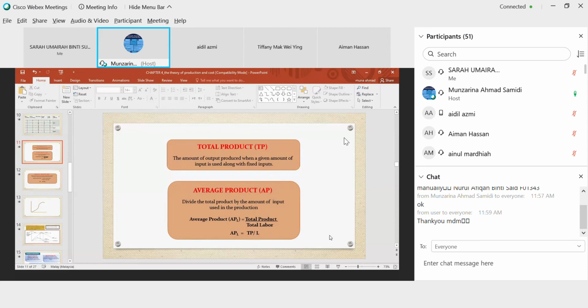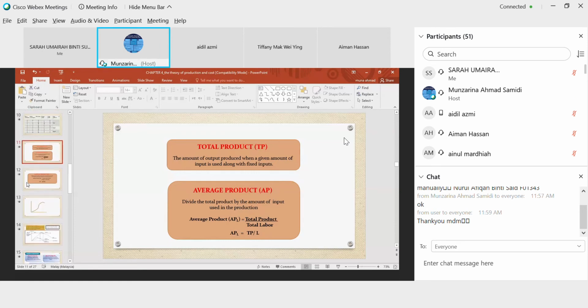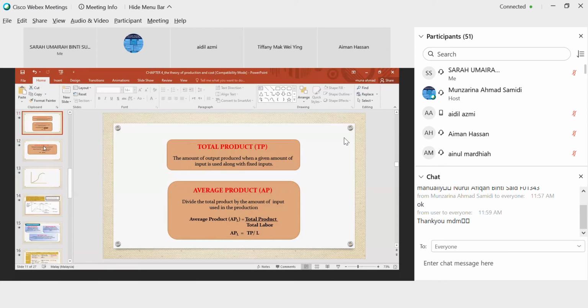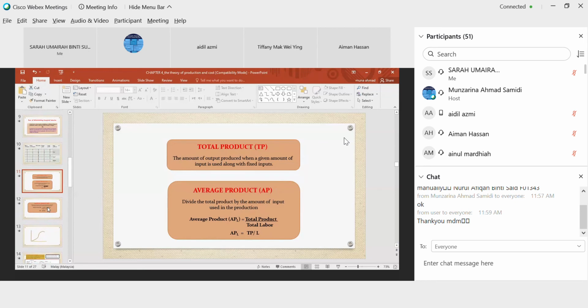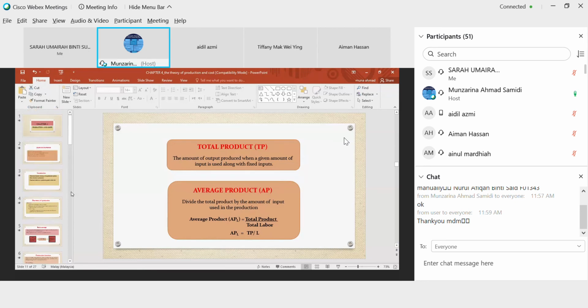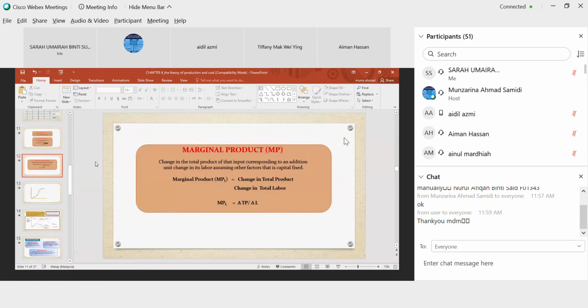So it's the total product divided by the unit of labor. Marginal product is the change in total product divided by change in labor.